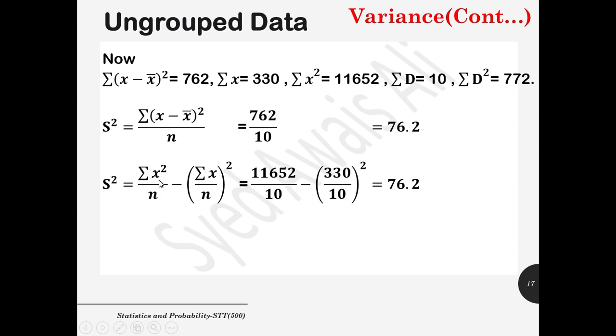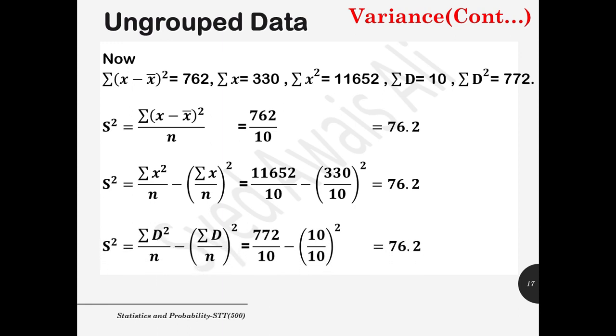Value of summation x square is 11652, and value of summation x is 332, and n is equal to number of elements in our data, that is 10 here, and we have to put all the values and find s square. Next formula, summation d square is equal to 772, summation d is equal to 10, and n is equal to 10. You have to find s square. So all the s square are 76.2.